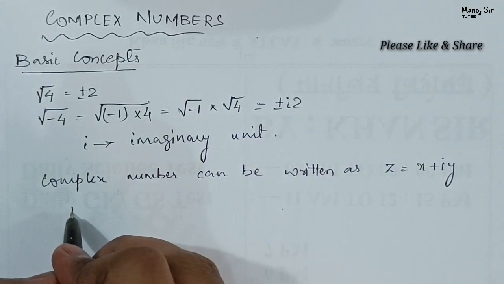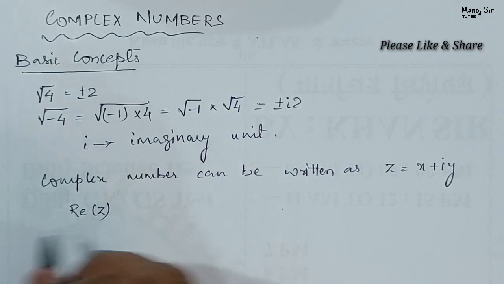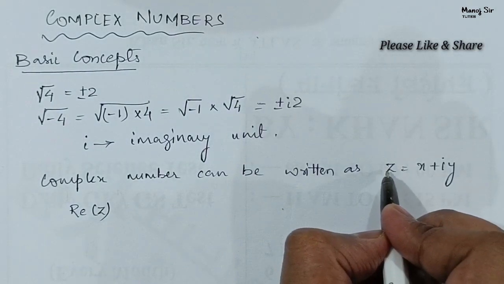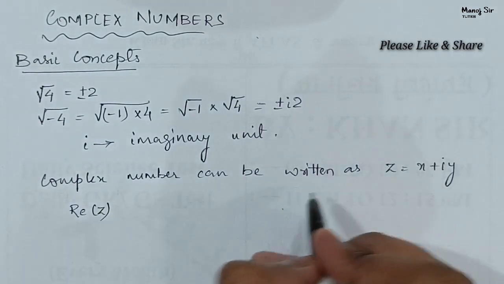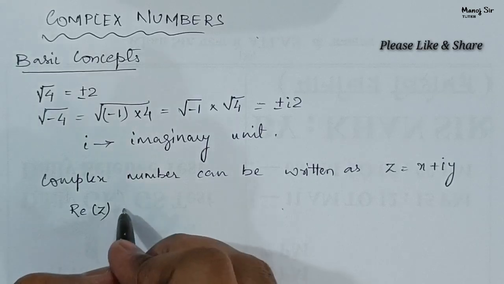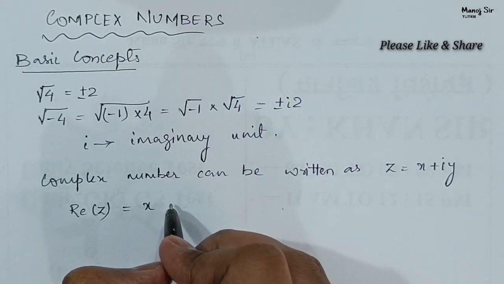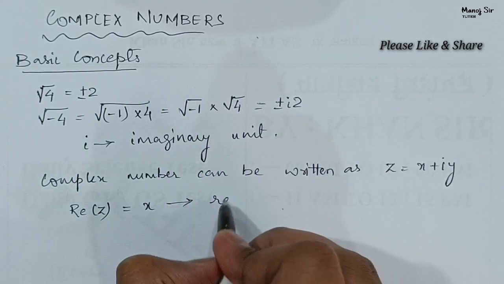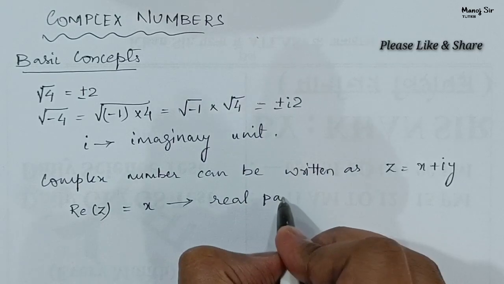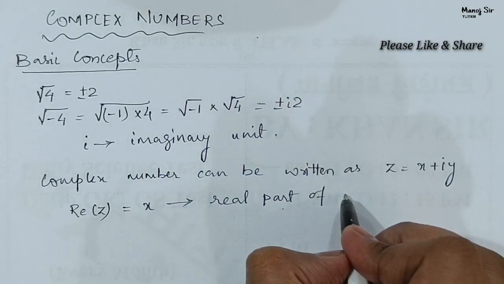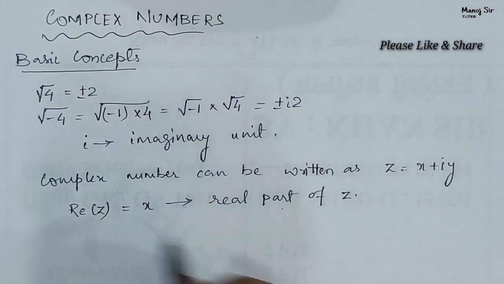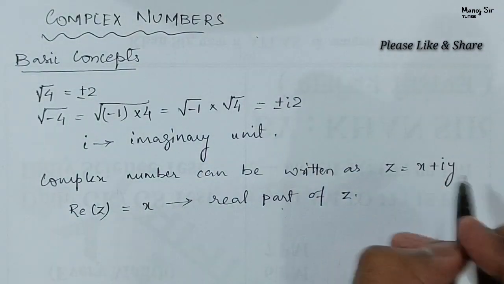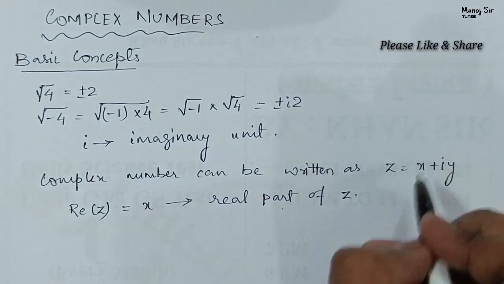So we can say the real part of z, where z is a complex number, is nothing but x. So x is the real part of z. Similarly, if you want to know the imaginary part of z, that is y.